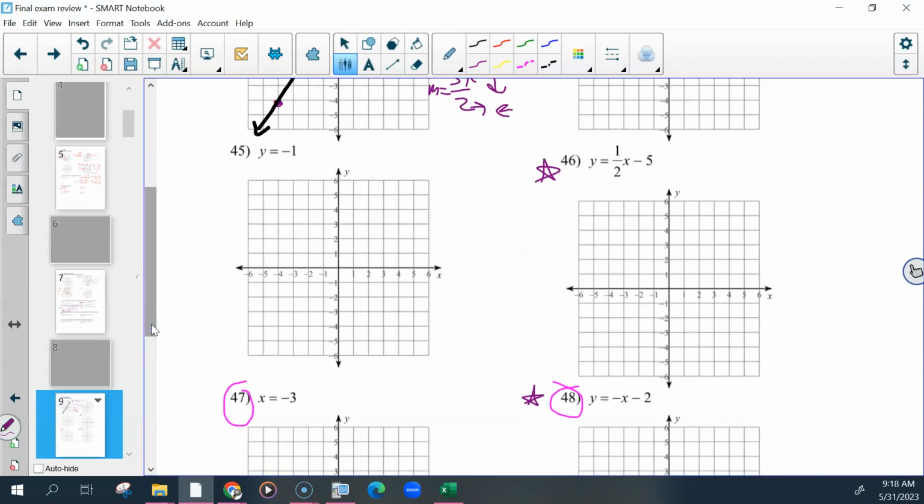46, it's already in slope-intercept form, so we don't have to do the work to figure that part out. We just have to graph it. So start at your y-intercept, which is -5. So on the y-axis, plot a point at -5. Your slope is again positive, so we can go up 1 to the right 2 as many times as possible.